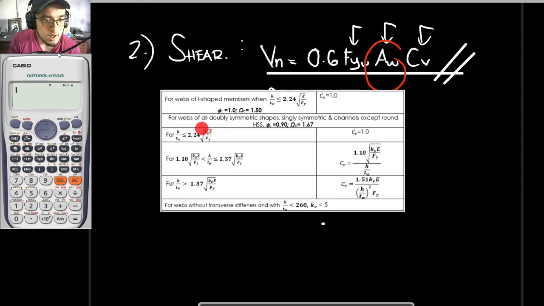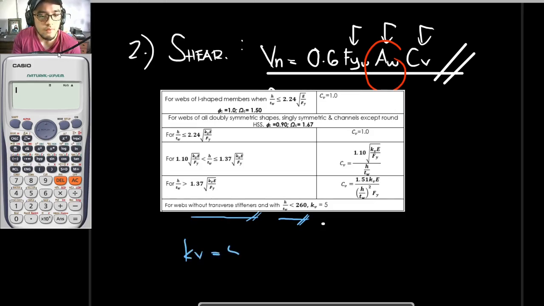So, kung makikita nyo man dyan, may Kv dyan, and the value for Kv is equal to 5 when your h to tw ratio is less than 260. That is if you would be having webs that doesn't have transverse stiffeners. And kapag meron naman, you would be solving for Kv.